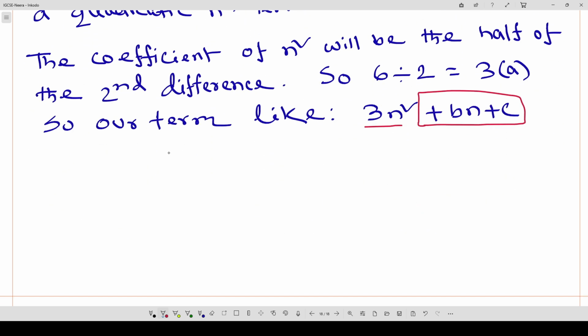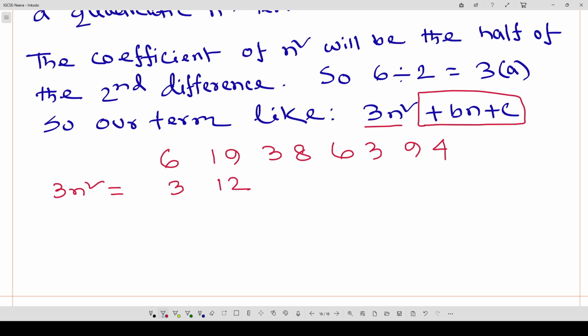The sequence is 6, 19, 38, 63, 94, right? And 3n squared equals to. So the first term, 1 squared means 1 times 3, it will be 3. 2 squared, 4 times 3, it will be 12, right? We can write in here first term, second term, third term, fourth term, fifth term.